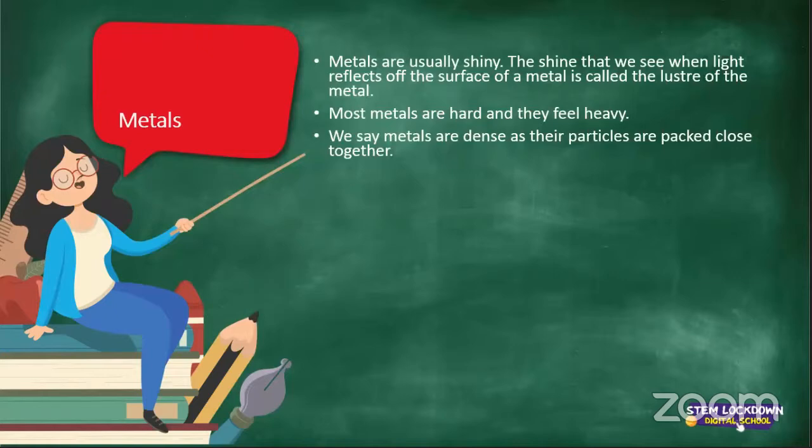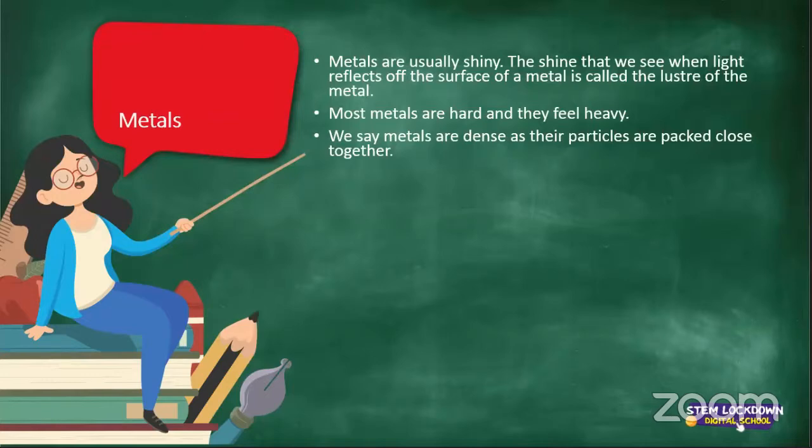You knew from previous lessons that in a solid, all the particles are closely packed together to give it a definite shape. So this is what we mean by particles being dense and closely packed together, and that's a characteristic of a metal.